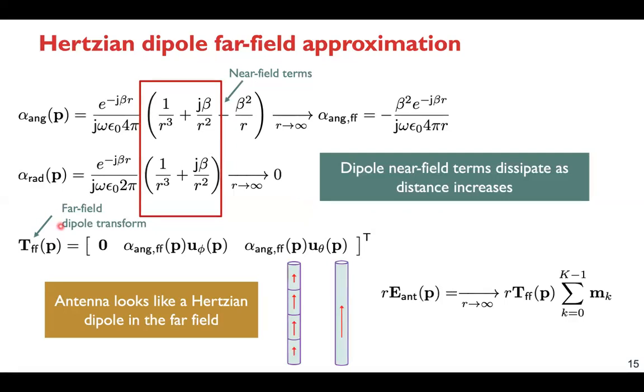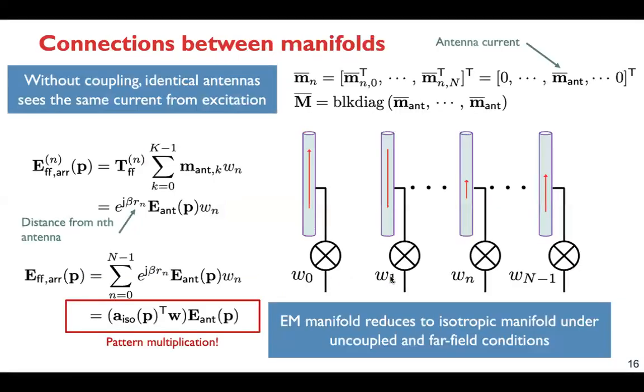So this far field dipole transform can actually be simplified when the point P is far from the array. And this in essence means that the antenna, which we've discretized to a number of Hertzian dipoles, starts looking more like a single Hertzian dipole in the far field.